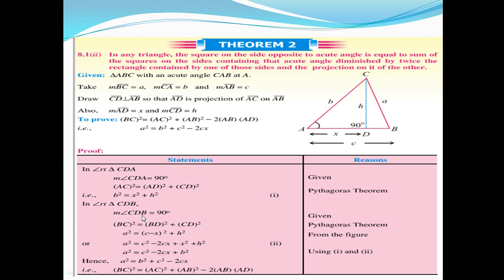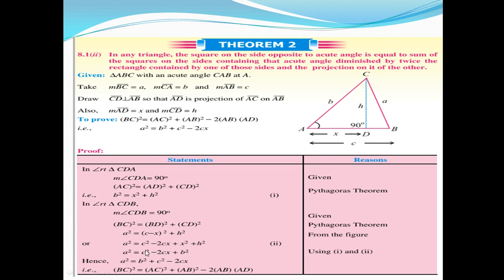Similarly, in right angle triangle CDB, we get a square equal to BD square, which is c minus x whole square. c is the total length of AB and BD is c minus x, since AD length is subtracted from AB length.